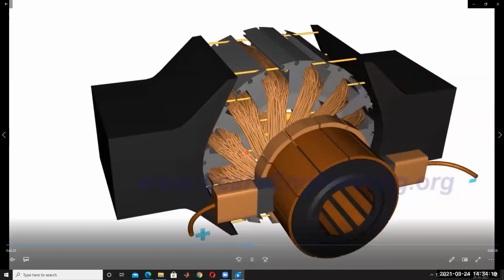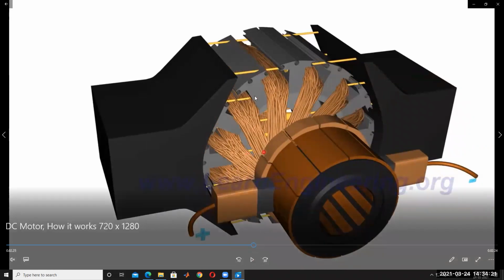This is called the rotor. The rotor has slots, one slot, another slot, another, and in these slots we place the winding.